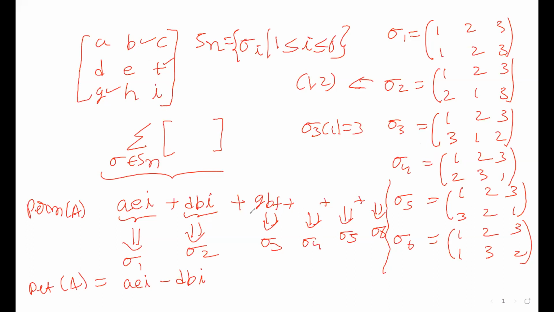If you count the number of transpositions, 1 goes to 3, 3 goes to 2, 2 goes to 1. So it is even. We just put GBF here because it is positive. This is the difference between permanent and determinant.